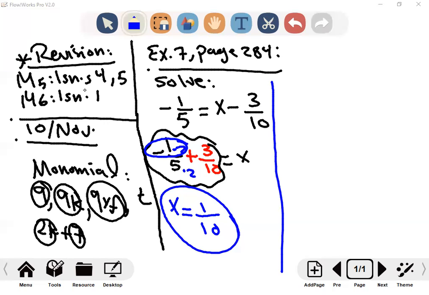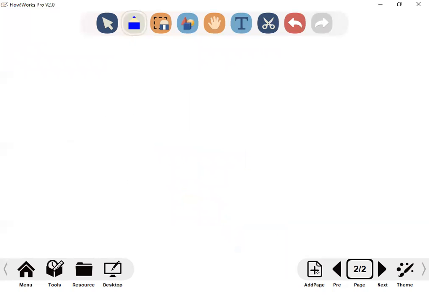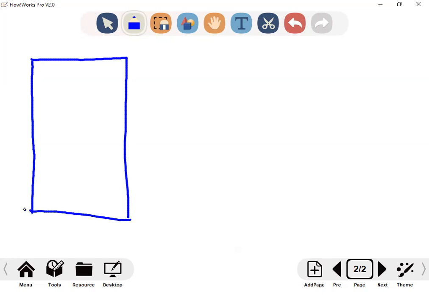Now, in this check, we did it in detail, remember? In this check, we have this shape, right? The whole park.